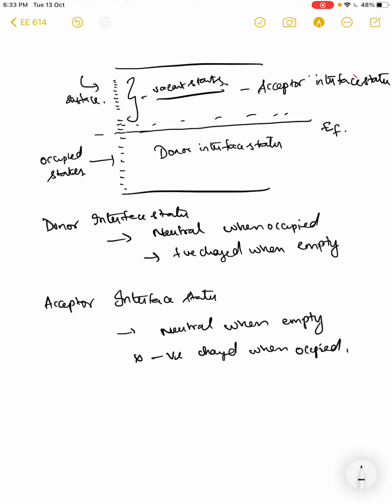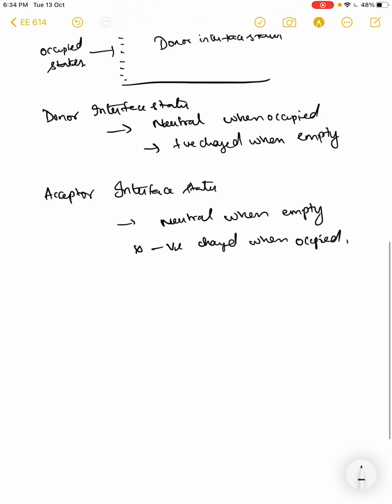Fine. So at this stage, let us consider what happens if we start doping. So this is at 0 Kelvin and the intrinsic semiconductor, and let us say I have applied some additional dopants and then I move the Fermi level close to the conduction band.